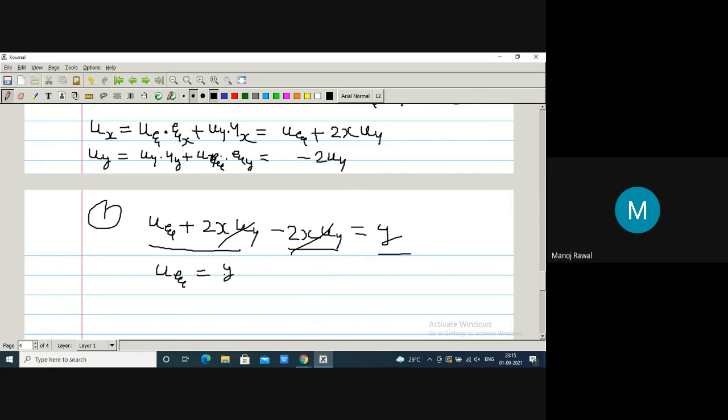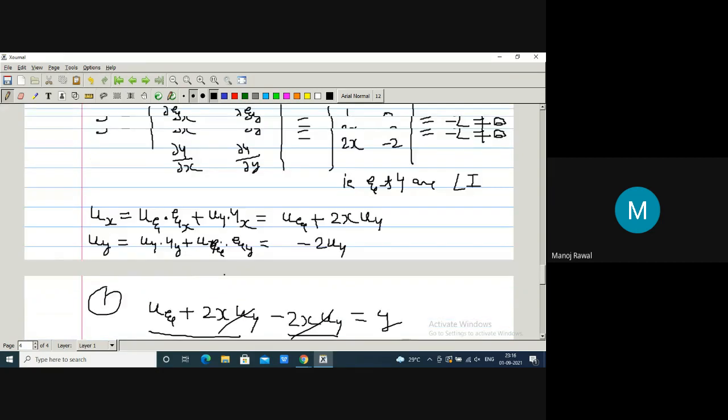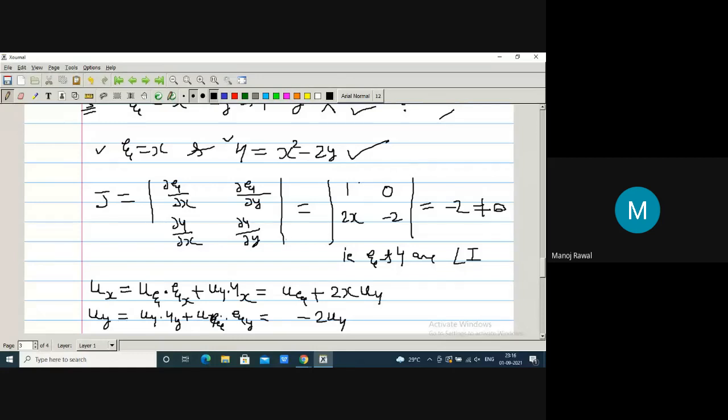Okay. And now I have to get this in terms of xi and eta. So y will be what from here?